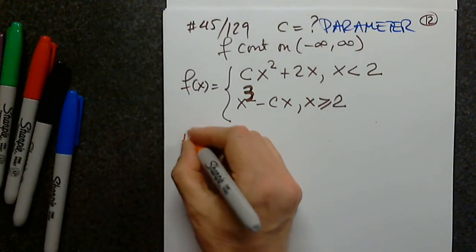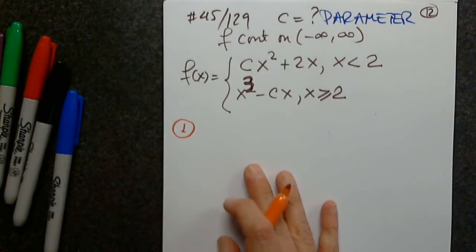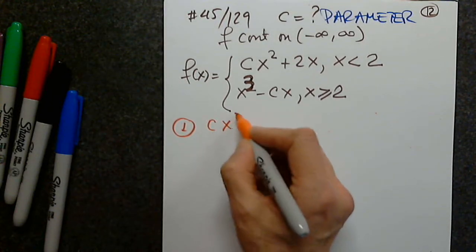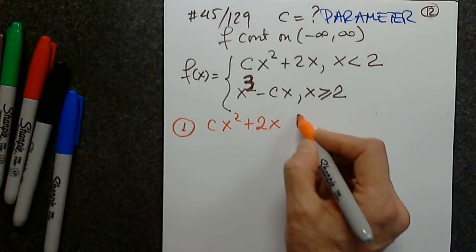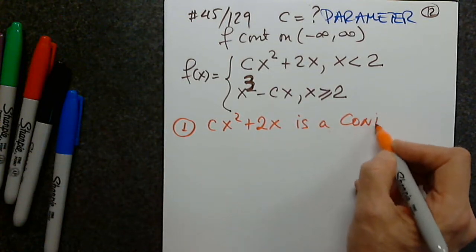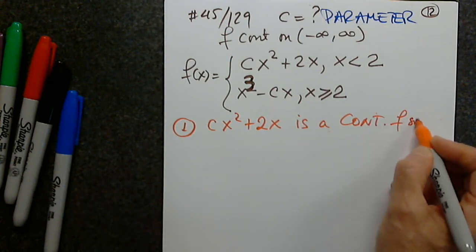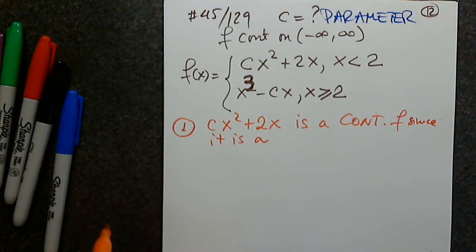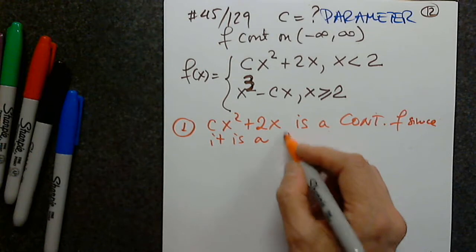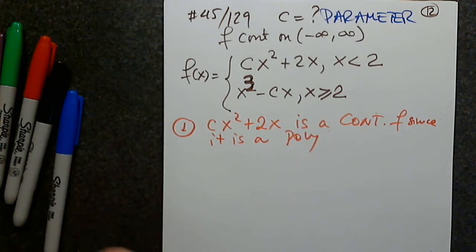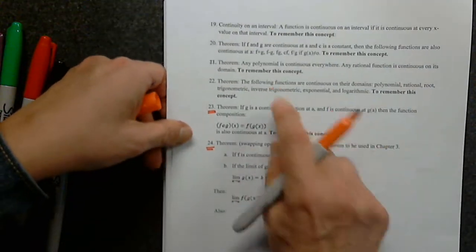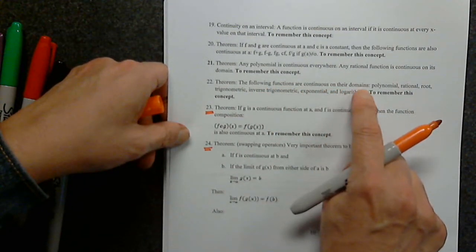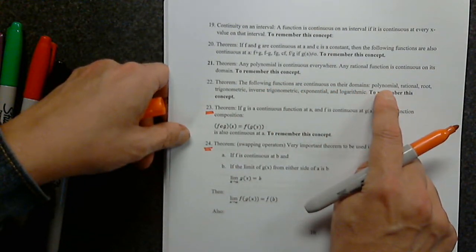Step number 1, I have to write that cx squared plus 2x is a continuous function since it is a polynomial. We just stated a theorem a minute ago in which we said the following functions are continuous on their domains: polynomial.